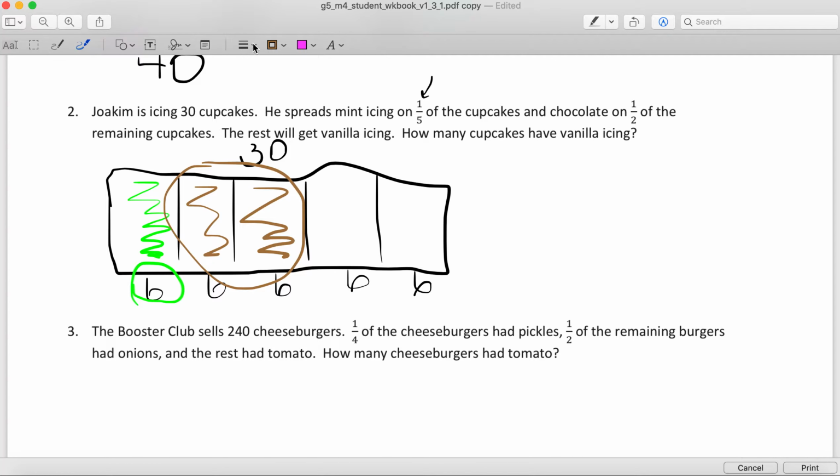But first of all, I got to find out what's in each one of these. So 240 divided by 4 means that there are 60 cheeseburgers. And you might want to do this first before you even look at the next piece of this. You may want to just write down how much is each part.